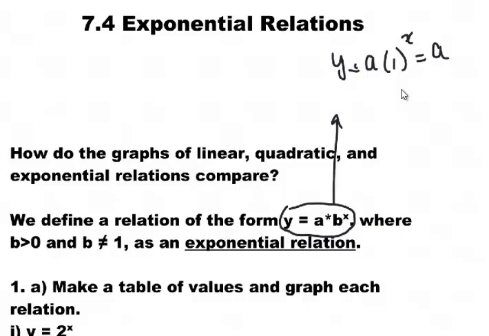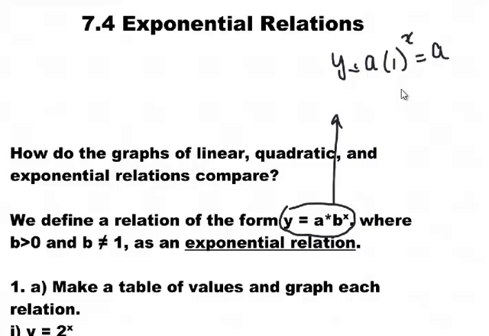This represents a line which is horizontal and parallel to the x-axis. And also b, the base, has to be a positive number. This is an exponential relation.